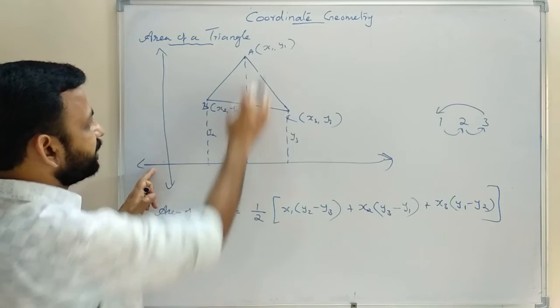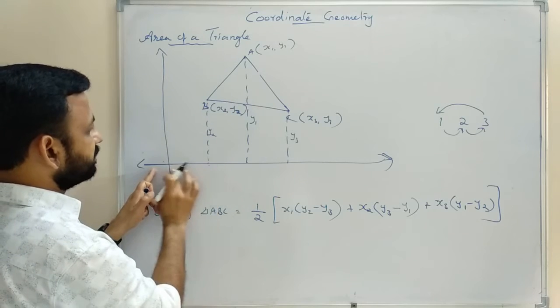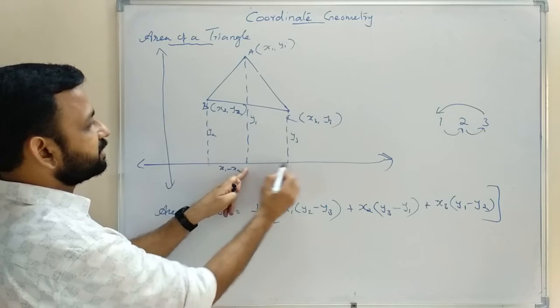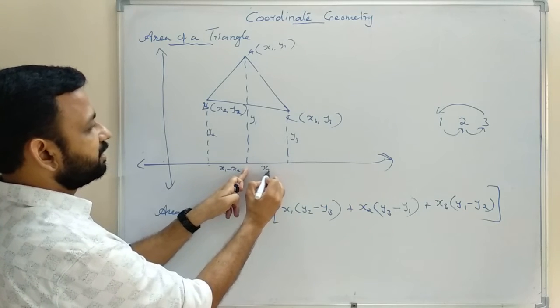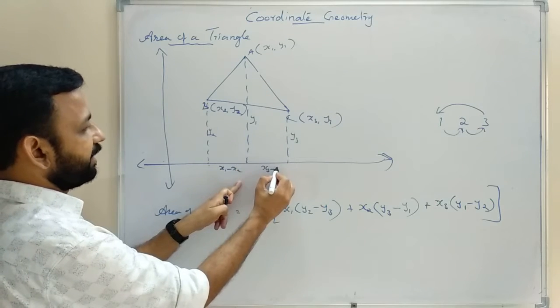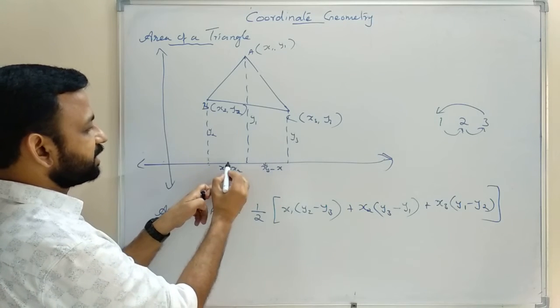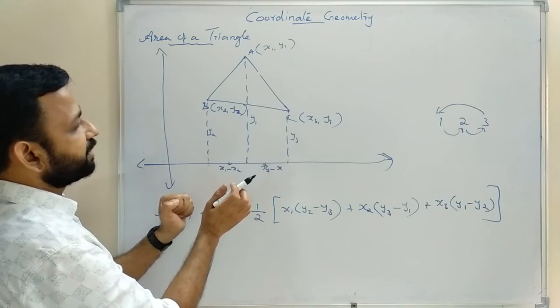So up to here this is x1 and here x2, so this is x1 minus x2, and here this distance is x3 minus x1.